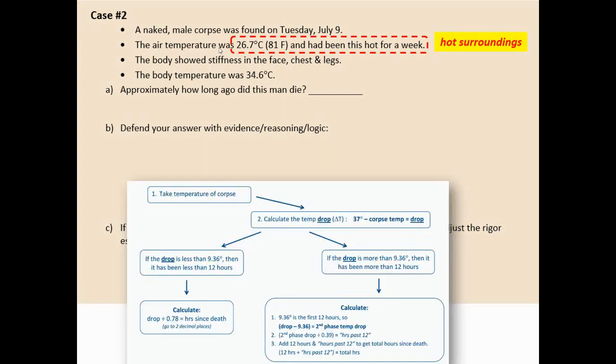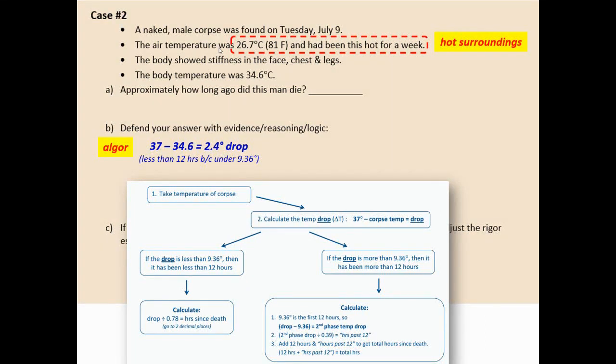Okay, so here's how I would calculate this. First, I'm going to realize I've got a few different pieces of information, so my answer for A is going to be a combination of evidence that I hopefully will agree. Okay, so based on the body temperature evidence, we tried the Algor mortis method. 37 degrees is what we start with, and the corpse was at 34.6.